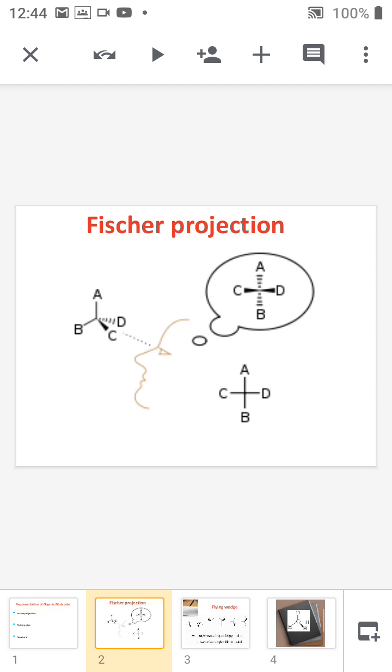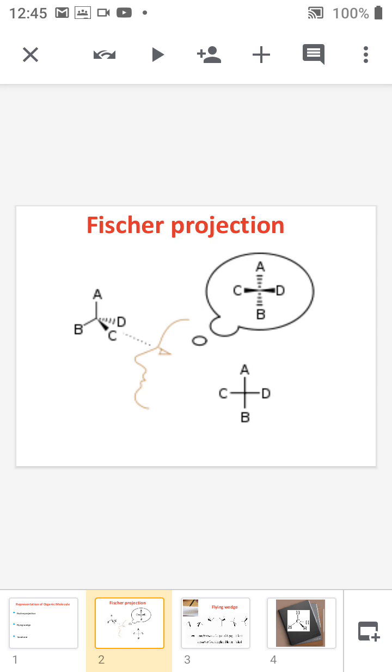And if you are observing the molecule just like this, I have shown an observer observing the molecule. If you are observing the molecule in the same way as the observer, we can see the atom C is on the left hand side and atom D is on the right hand side.